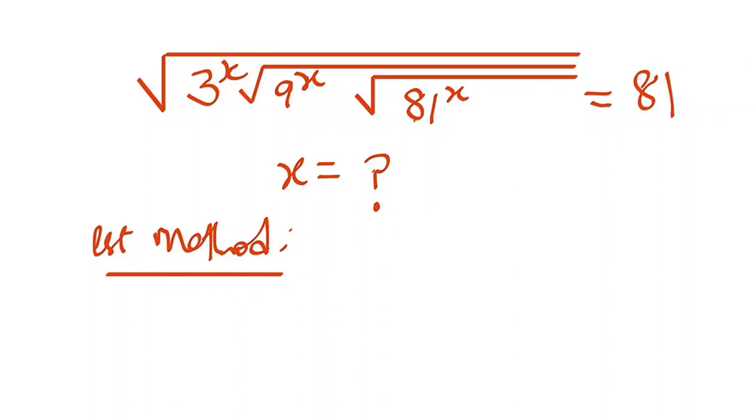So I'm going to separate this, because this and this are having this giant square root. This is what I'm going to do.